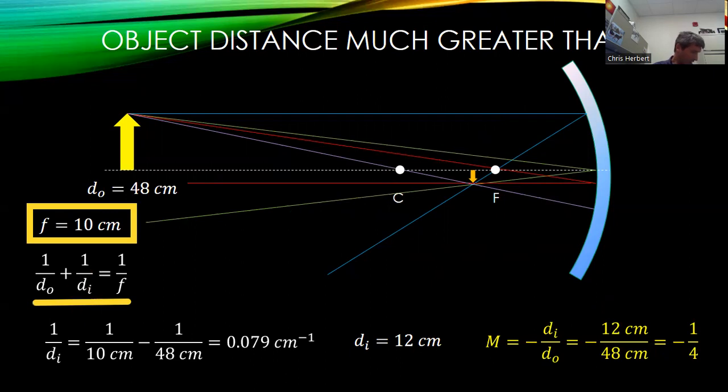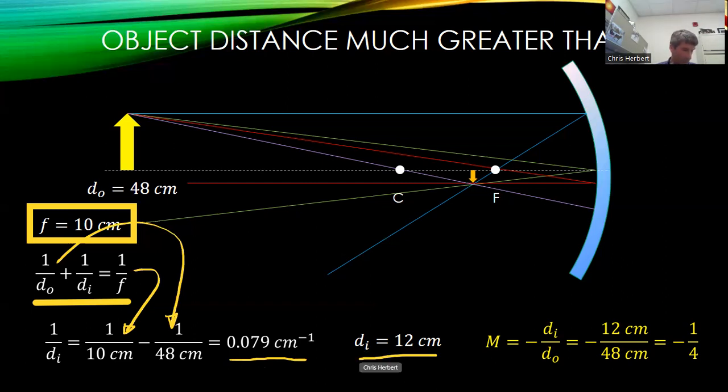So I'm going to put DI on the left-hand side of the equation and everything else on the right-hand side. And just showing you, 1 over F is right here. We move the distance to the object over here and take that difference. I get an answer that's in inverse centimeters for 1 over DI. I invert that. DI becomes 12 centimeters.